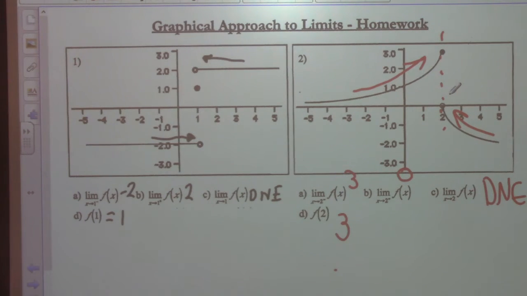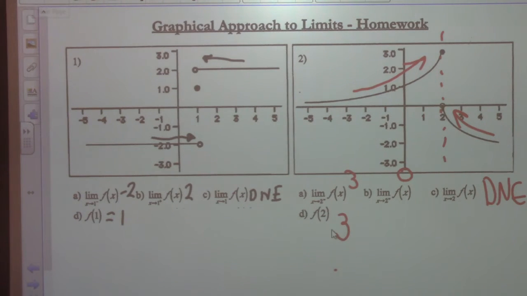Limit does not exist. Yeah, that's a graphical explanation. Now the analytical explanation is that this is not equal to this. To me, I like the graphical explanation because you can see it, right? But the analytical form is this one right here.